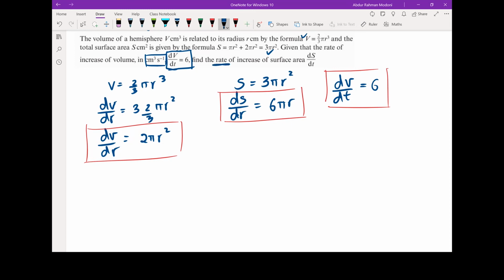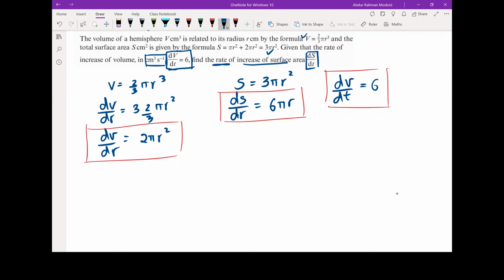Rate means something changing with time. Increase of surface means we're looking at the rate of change of the surface area, which is dS by dt. Sometimes they will only give you the wording, they won't actually write down dS by dt, and you need to figure that out by understanding the word rate, as I've explained.